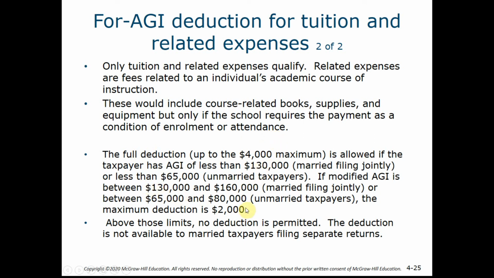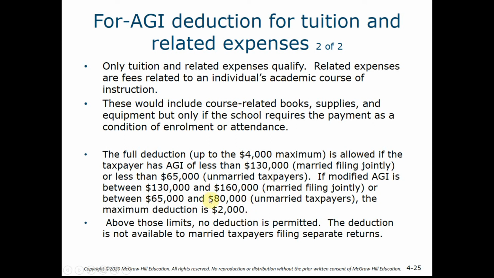So the full deduction for AGI is up to $4,000 maximum. Depending on the taxpayer's AGI, there's a phase-out that begins at $130,000 and phases out at $160,000 for married filing joint, and the maximum deduction is $2,000 for a single person, and $4,000, that's doubled, for married filing joint.